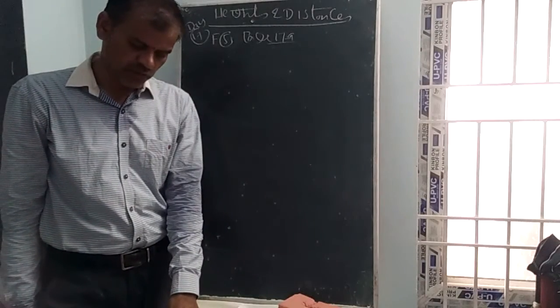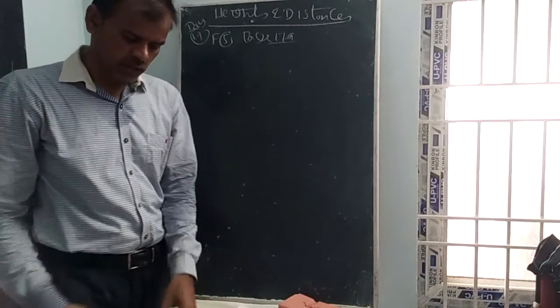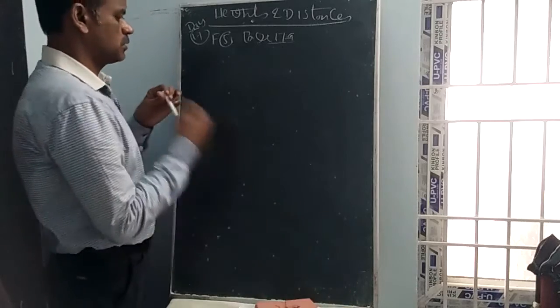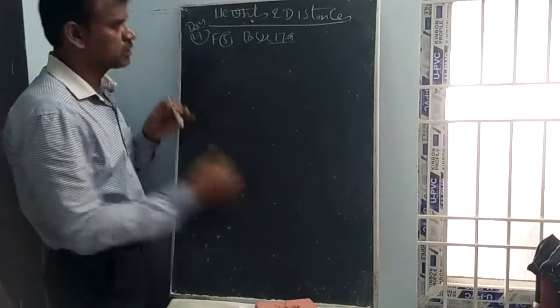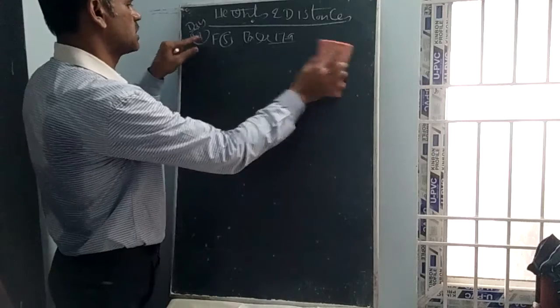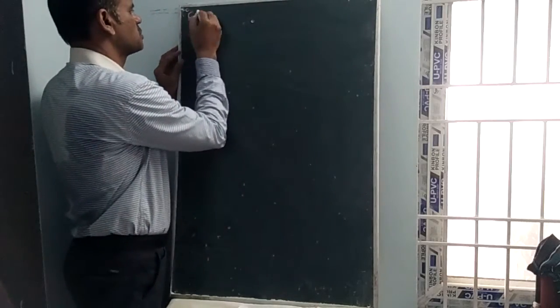The angle of elevation of the hill from a point A is alpha. Day 17, formula number 5. Remember this one.